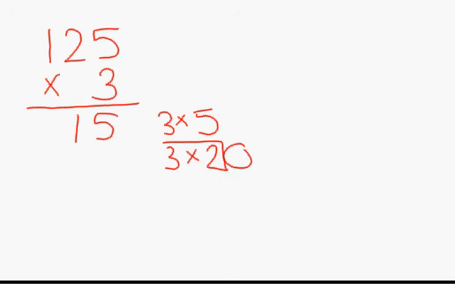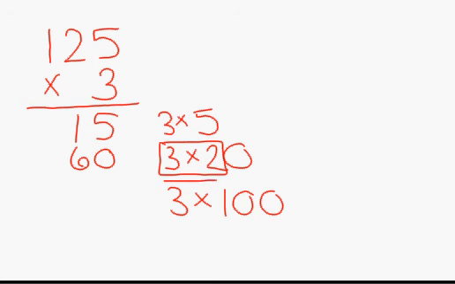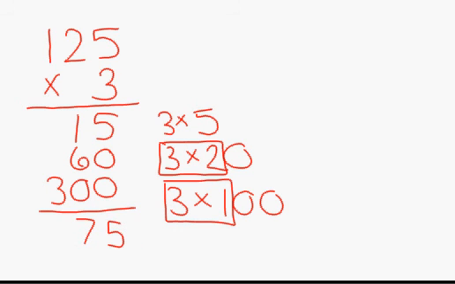So our basic fact, 3 times 2 is 6, and 1 zero makes it a 60. And then we have 3 times 100, and our basic fact is 3 times 1, and our 2 zeros. So after you've done that, add, and you should have that answer of 375.